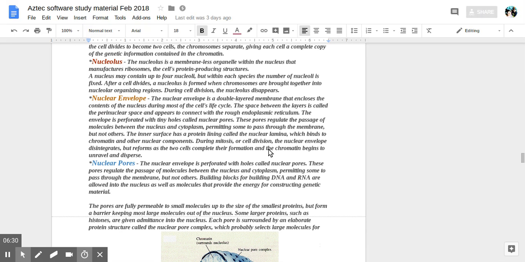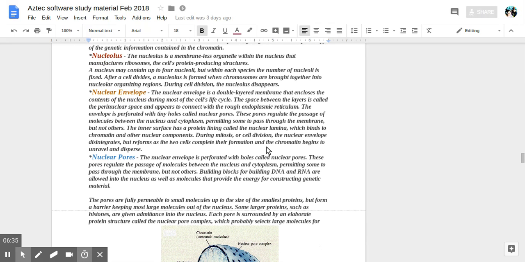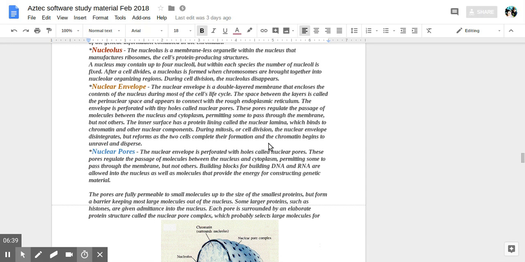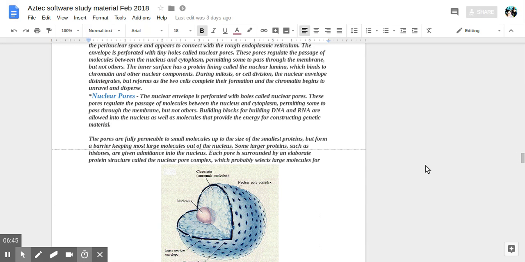The pores are fully permeable to small molecules up to the size of the smallest proteins, but form a barrier keeping most large molecules out of the nucleus. Some larger proteins, such as histones, are given admittance into the nucleus.